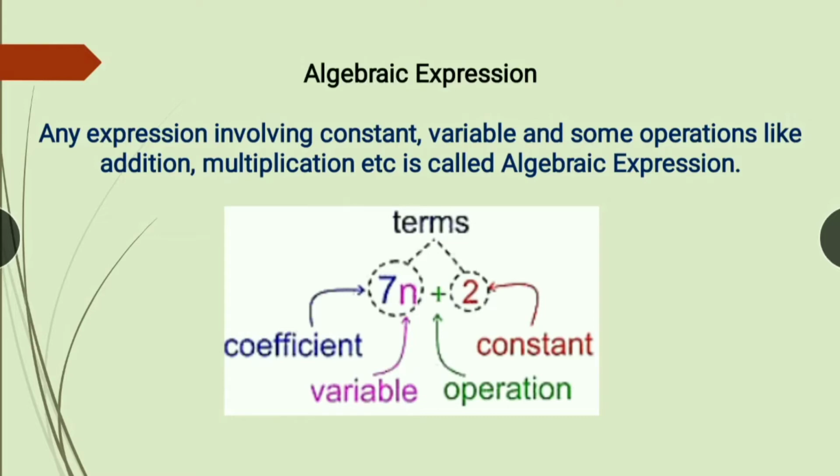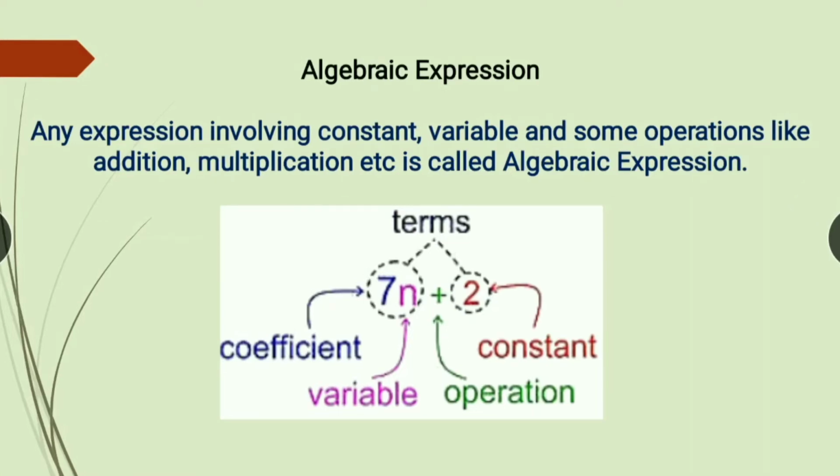Understood? So what is variable? You know that variable is an unknown value and it is generally represented by a letter. The word variable means something whose value can be changed.